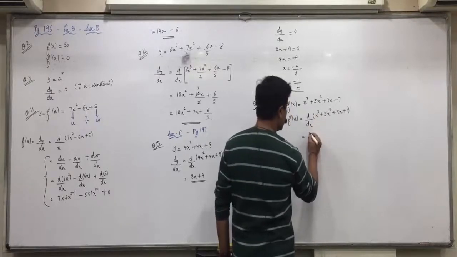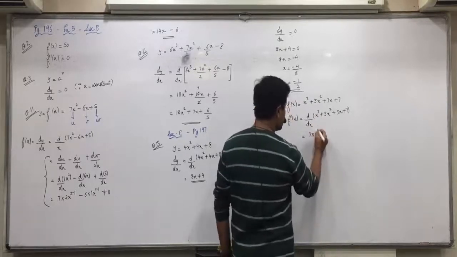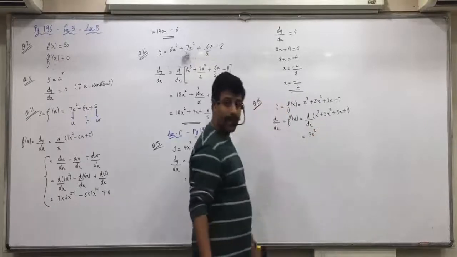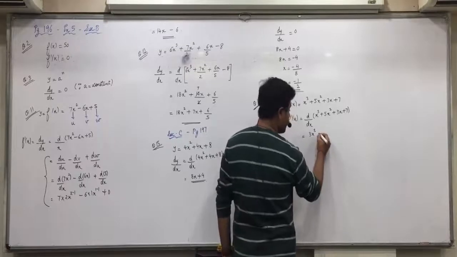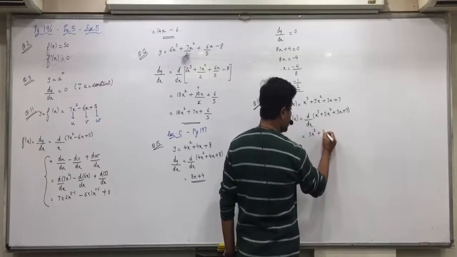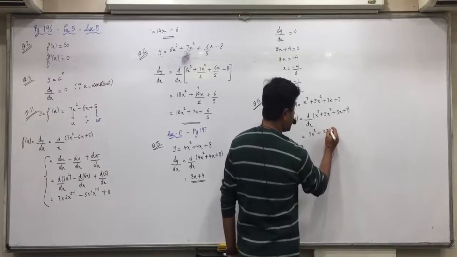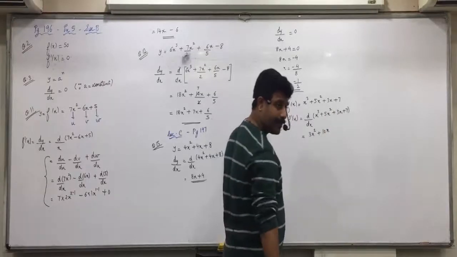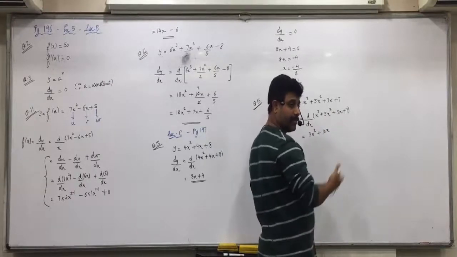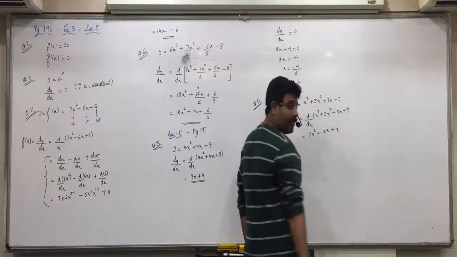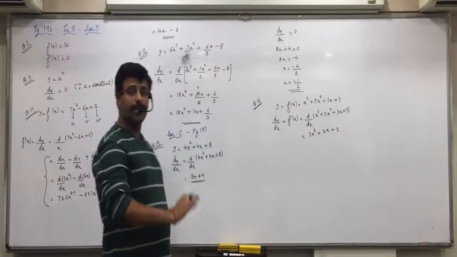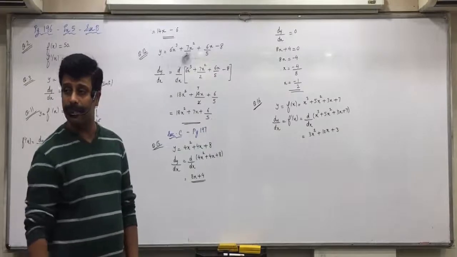What is n? 3. x raised to 3 minus 1, 2. Did everyone understand this? Further, 5 into 2, 10, x raised to 2 minus 1 is only x. Next, plus 3x simply becomes 3, and 7 becomes 0. Any confusion in this?